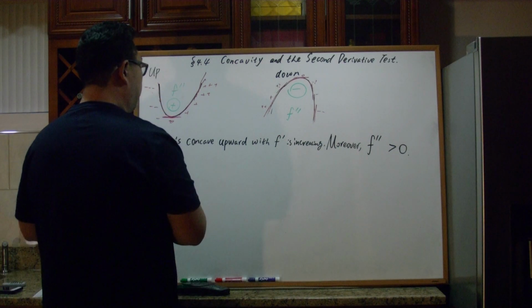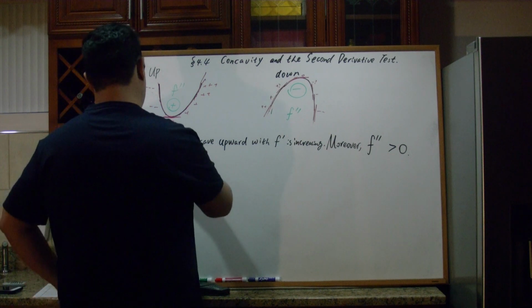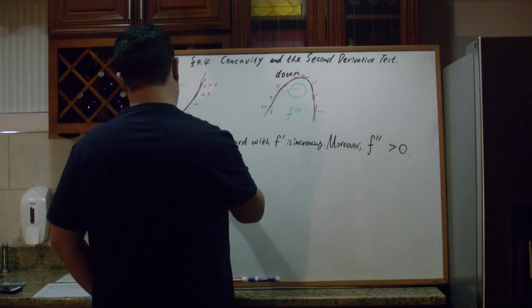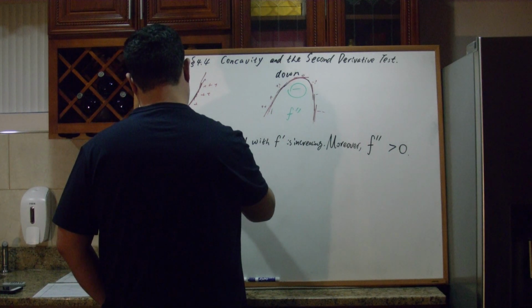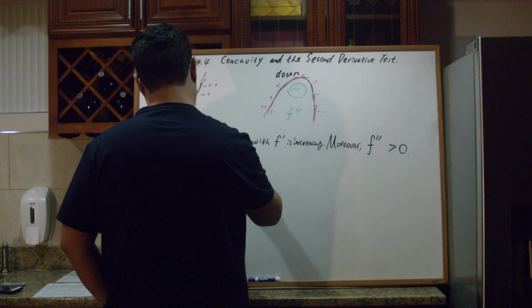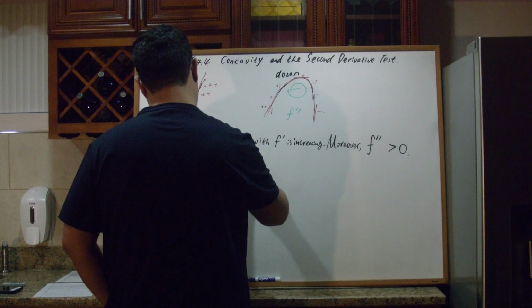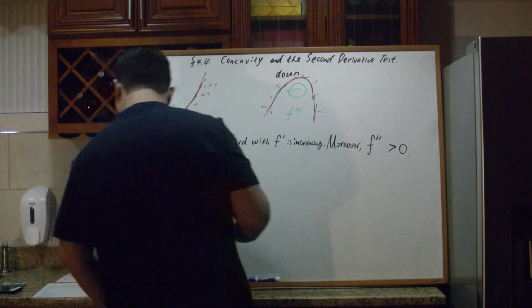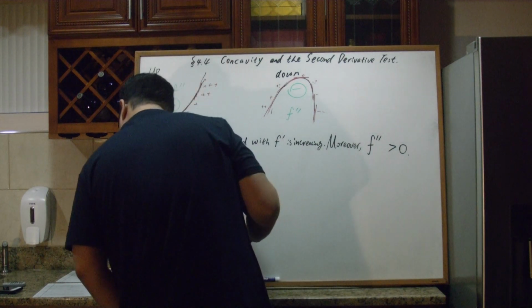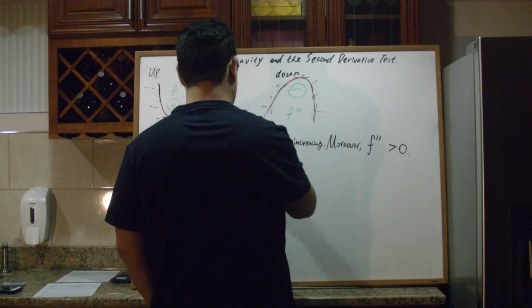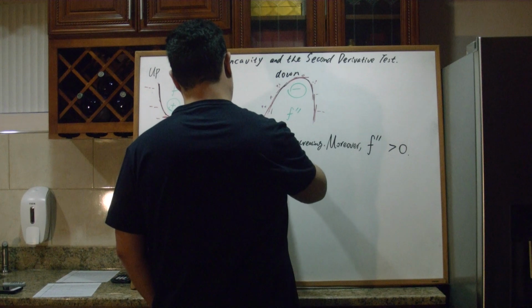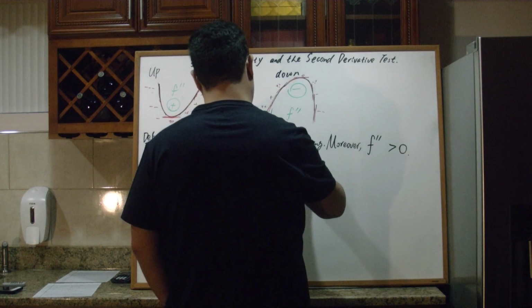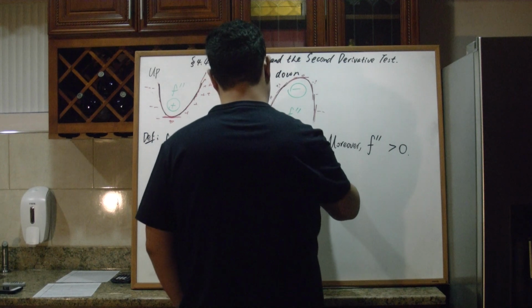So the second sentence is saying f is concave downwards when f prime is decreasing.